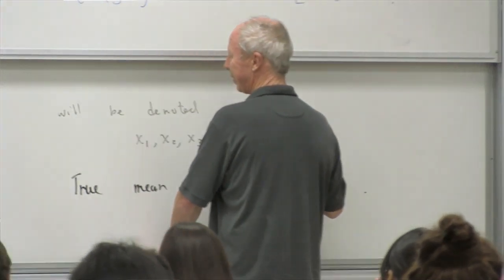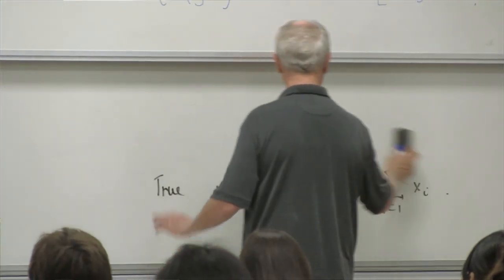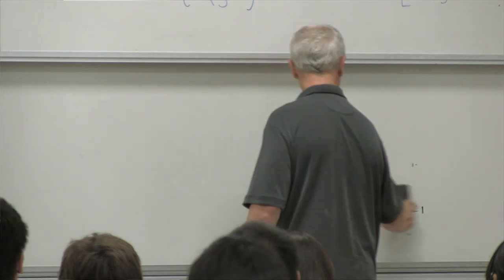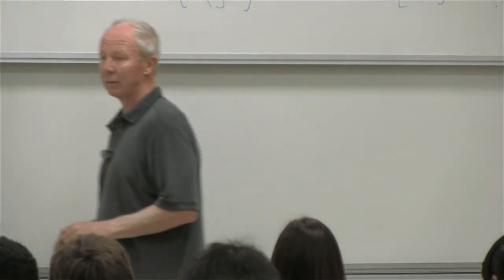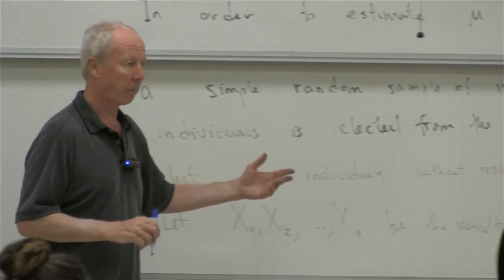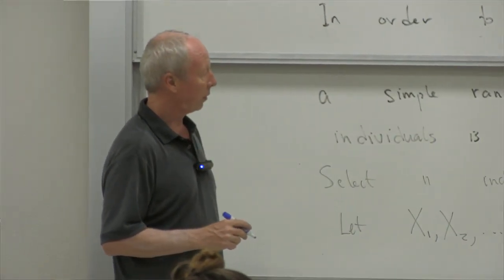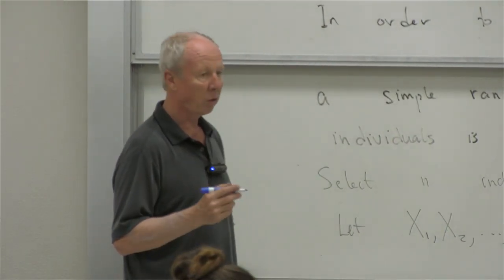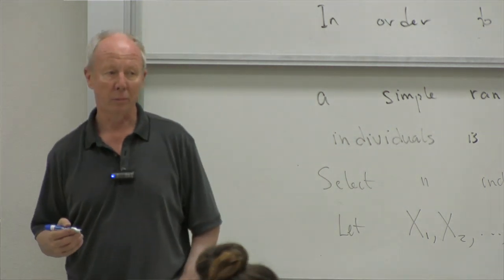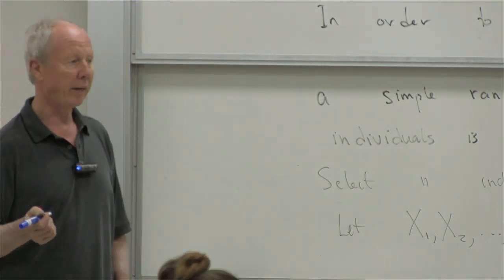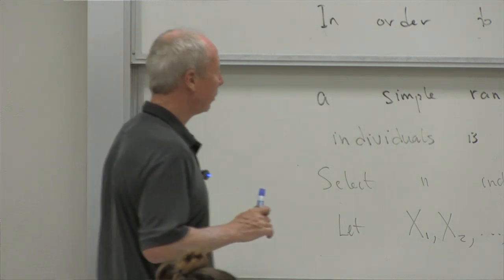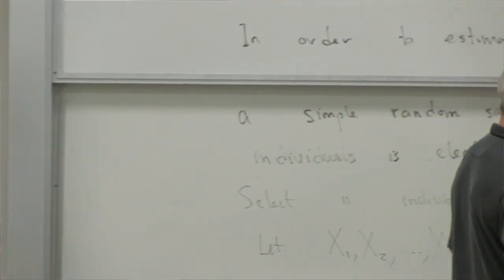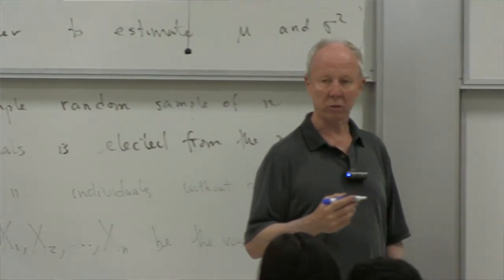Let's see. But to compute expectations, you need to know distributions. So let's see if we can figure out the distribution for the capital X's. Now, in the case of voting or public opinion polls, you want to know if somebody's in favor of candidate A or candidate B, then we would assign the numbers +1 or -1 to individuals, right?